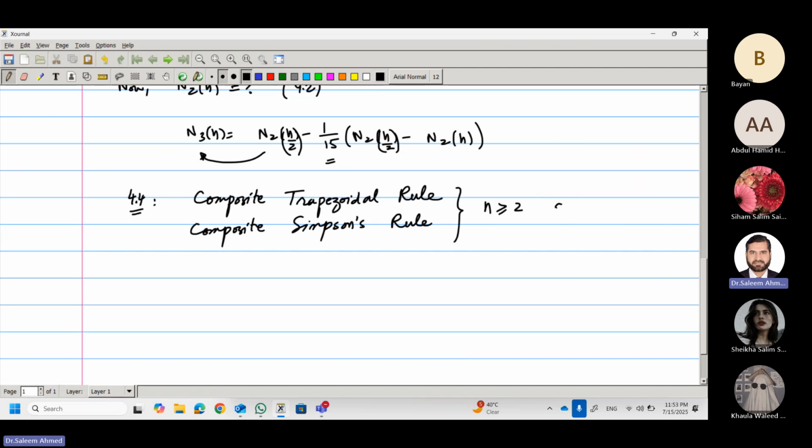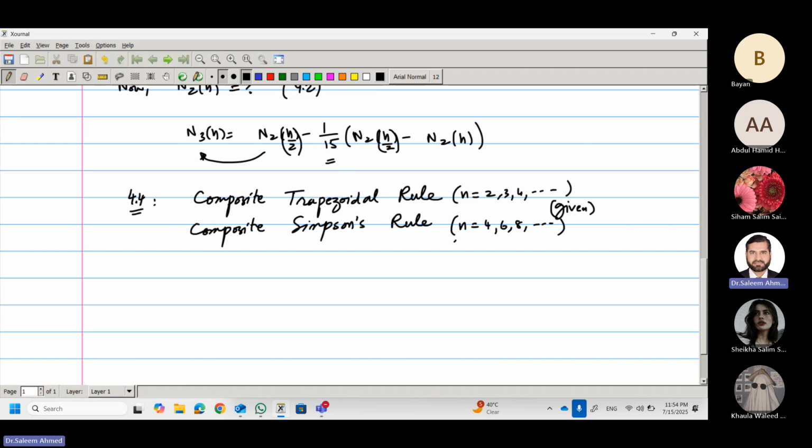Greater than or equal to 2, and it's given. All right. But for Simpson's rule, of course, it should be greater than or equal to 4, because in the trapezoidal rule, your n should be 2, 3, 4, so on. It will be given. And for Simpson's rule, n is usually 4, 6, 8. It is given as an even number. Okay.